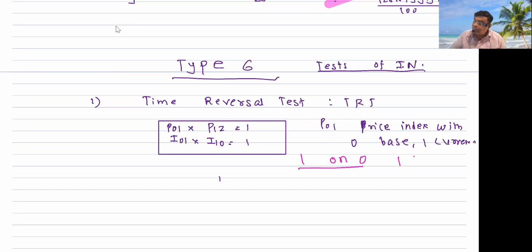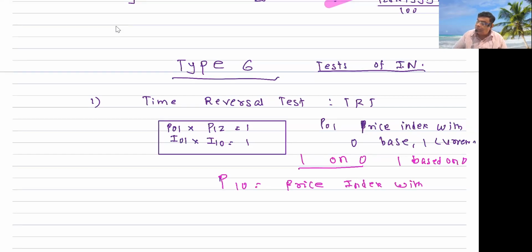Actually, it means 1 based on 0 or 1 depends on 0. Whereas, tell me what will be P10. That is price index, with 1 now as base and 0 as current. That means this is 0 on 1.